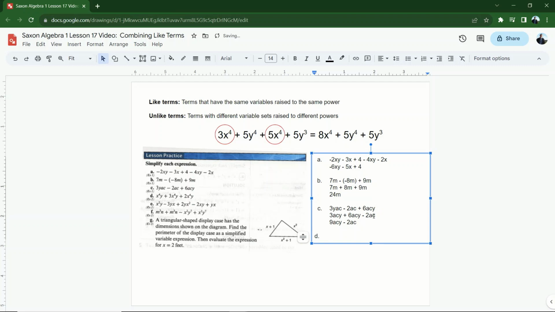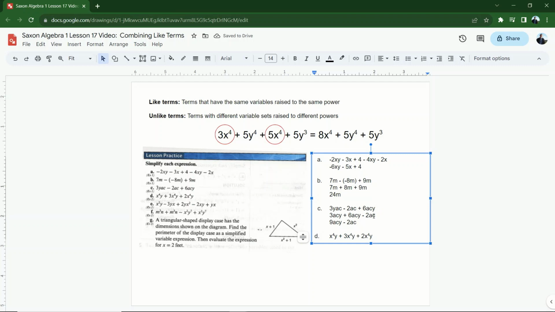In letter D, I have x to the fourth y plus 3x to the fourth y. Let me just go back and turn this into a, there we go, 3x to the fourth y. And then my last value with its variable set, 2x to the fourth y. Now I'm noticing that all of the variable sets are exactly the same, x to the fourth y.